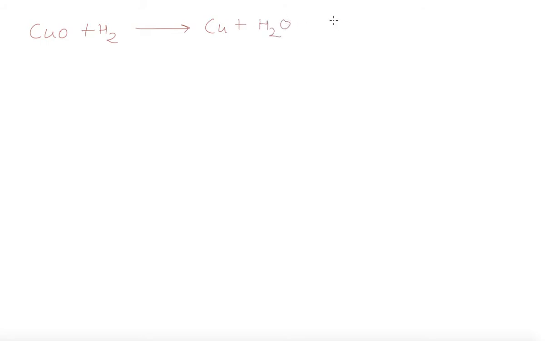Find out the oxidizing agent and reducing agent, and the species oxidized. The species oxidized is the reducing agent, and find out the species reduced, that is always the oxidizing agent.